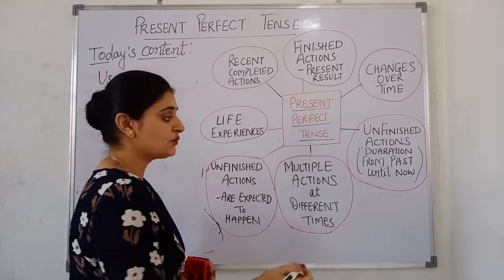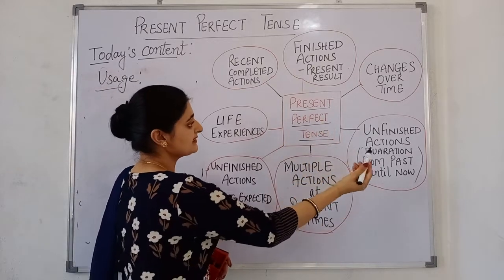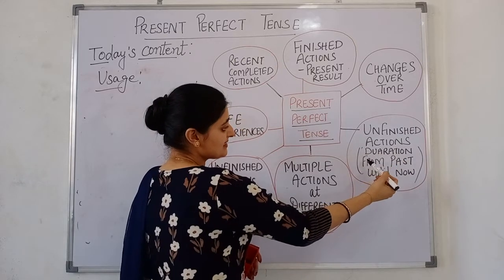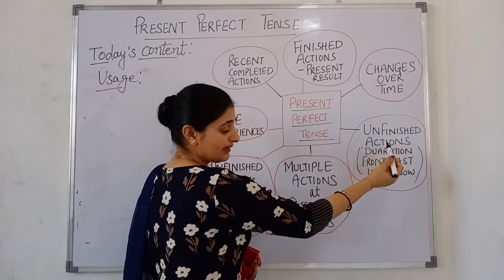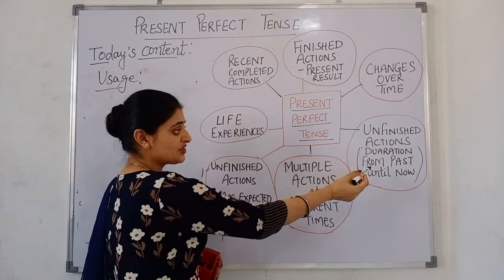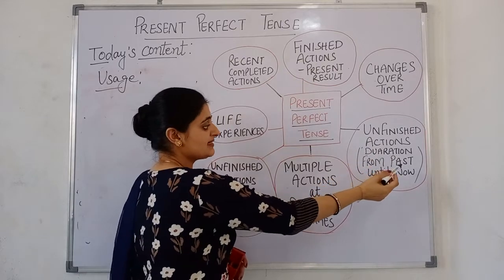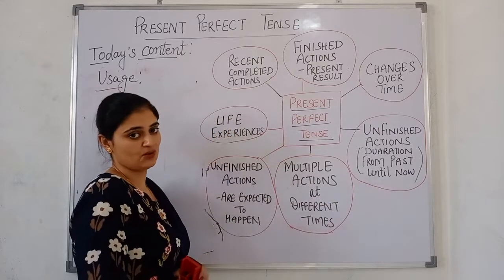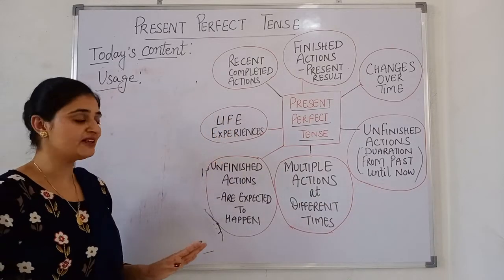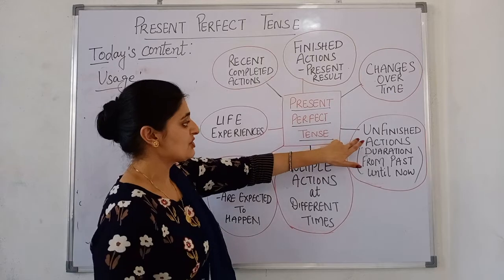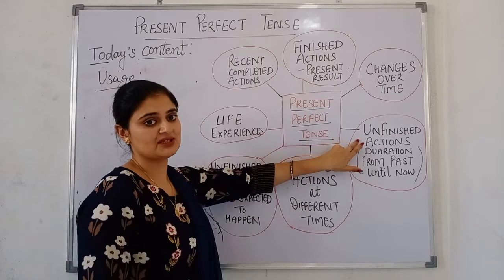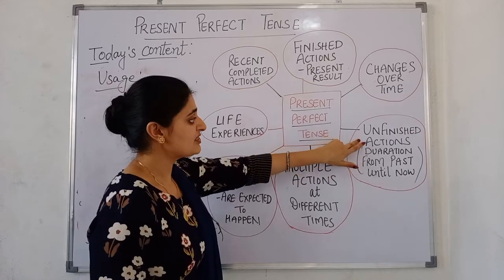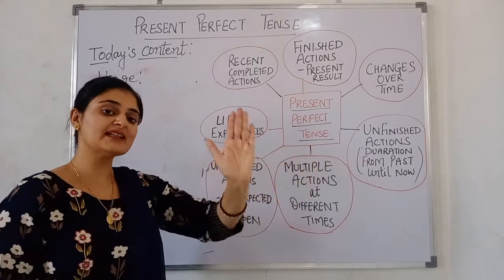Now the next use of present perfect tense is unfinished actions that indicate duration. When did the action happen? It took place in the past and is still going on until now. Okay, don't get confused. Unfinished actions means the actions are not finished yet. The action started in the past.